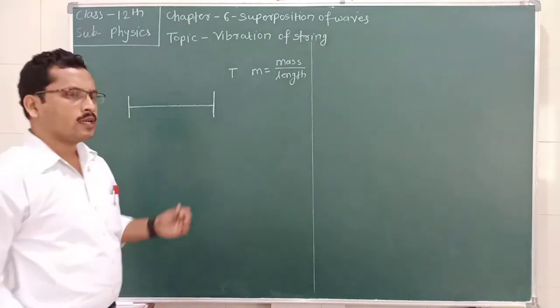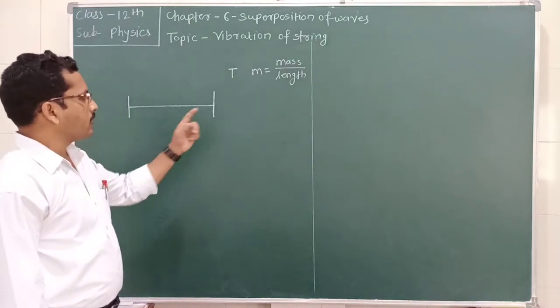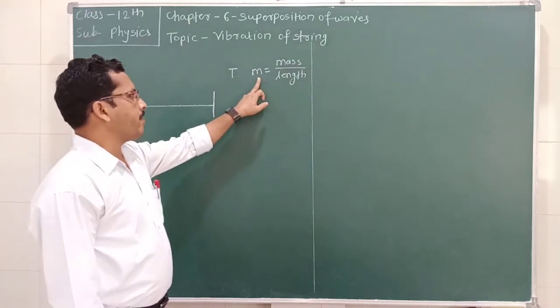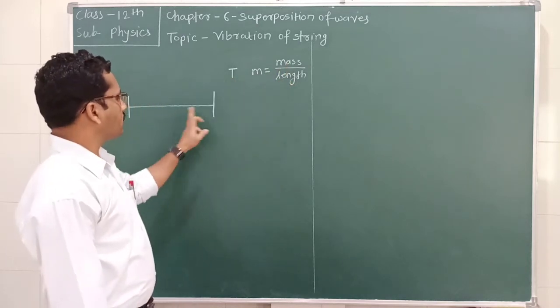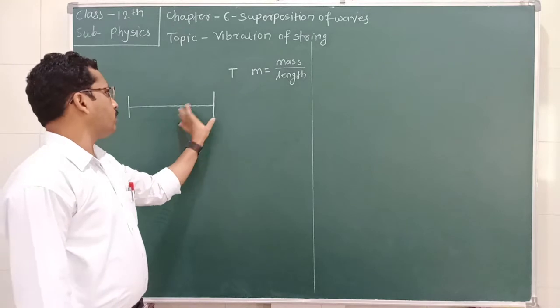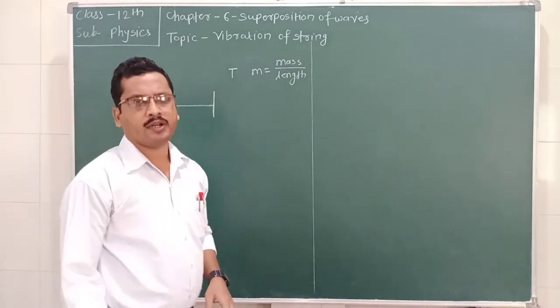So this is a string having linear density M equal to mass per unit length, and the tension due to this rigid support is equal to capital T.